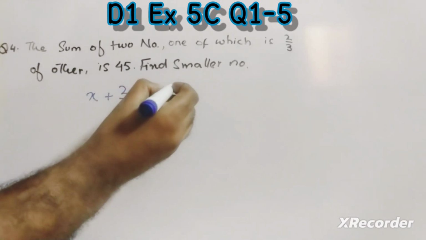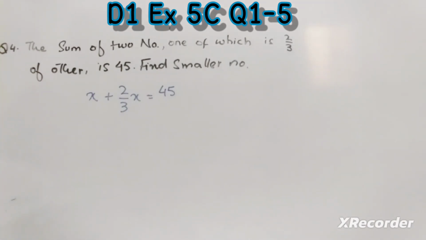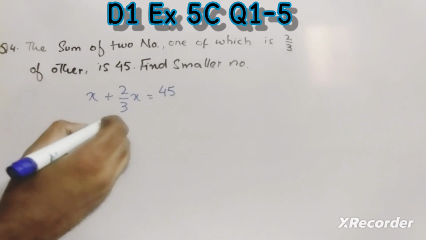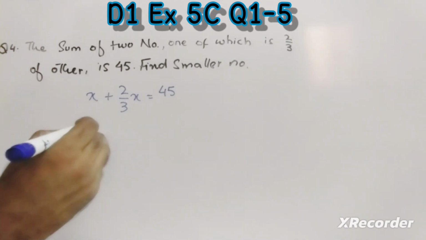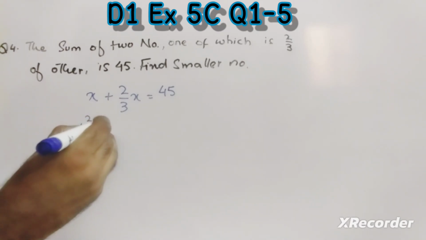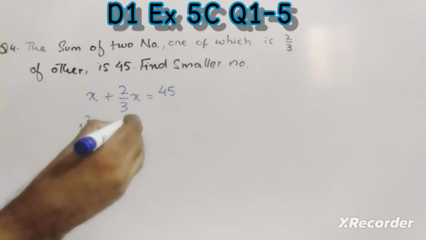That is the given equation. So when we add x plus 2/3 of x, we get 1 whole 2 upon 3 x is equal to 45.